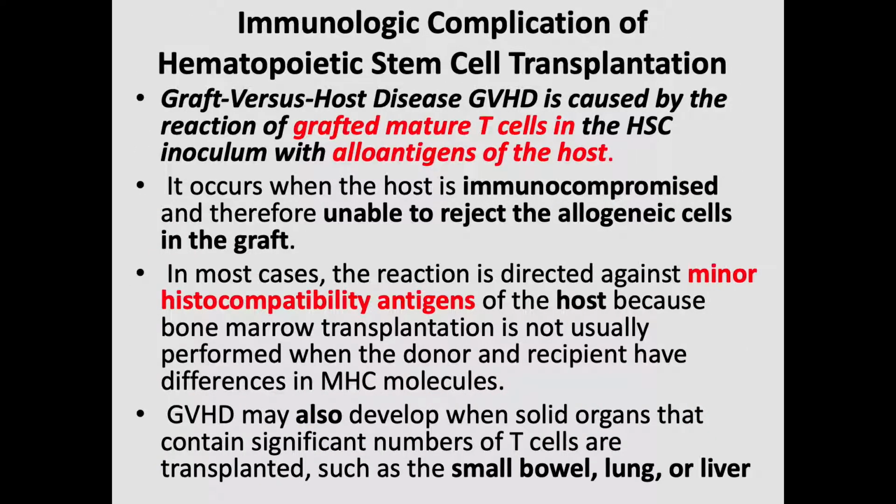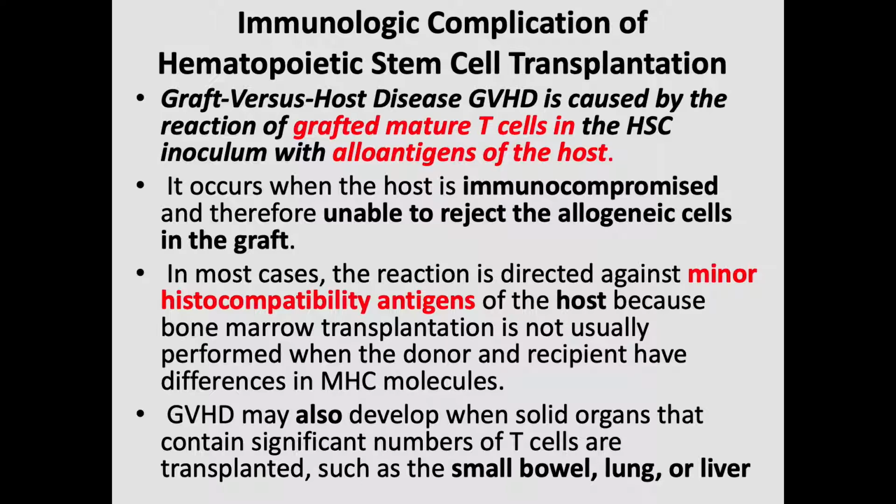Regarding other complications of graft versus host disease, mature T cells in the hematopoietic stem cell transplant can be activated because the host immune system is suppressed, so these graft T cells will cause severe rejection type symptoms, because graft T cells will recognize MHC antigens or other recipient antigens and will try to attack them.